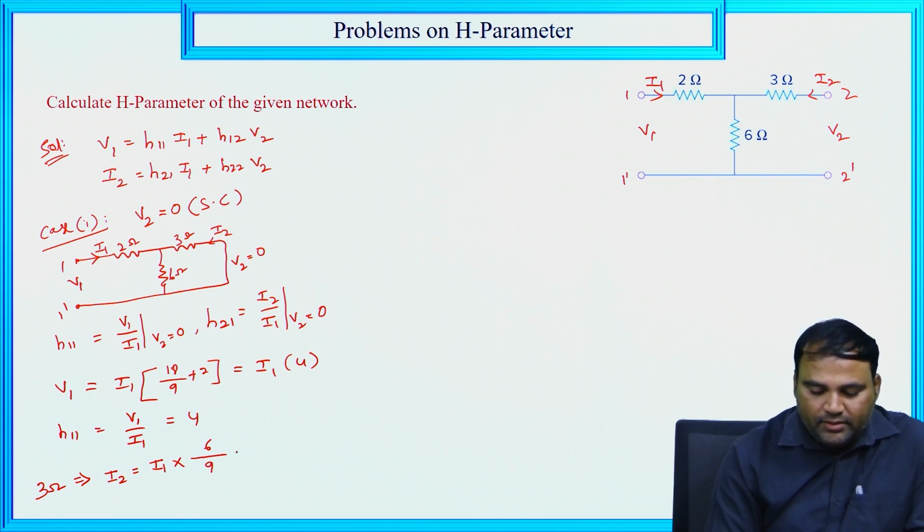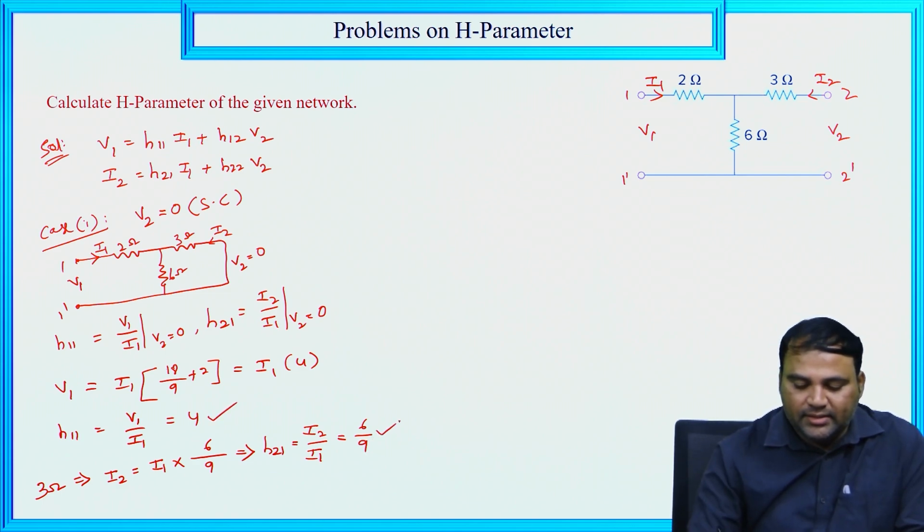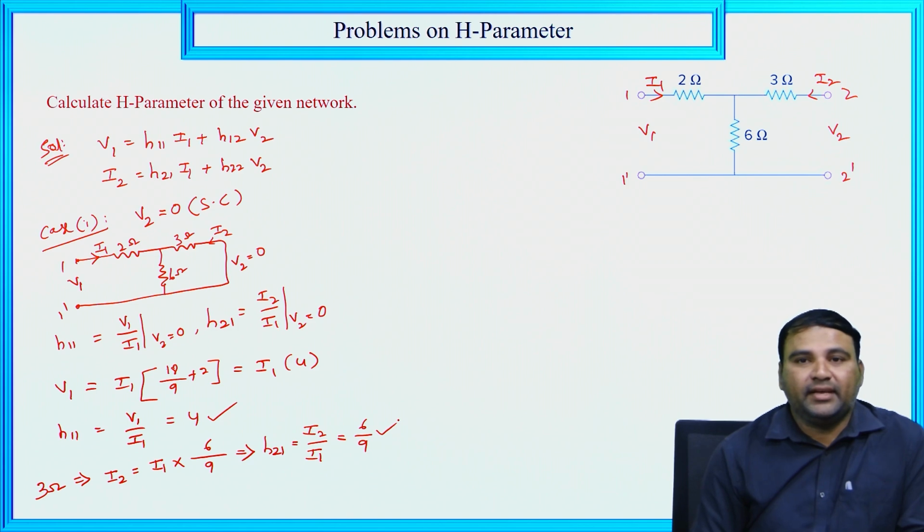So we'll get H21 equal to I2 divided by I1, that is nothing but 6 by 9. So this is H11 and this is H21 for the case 1.